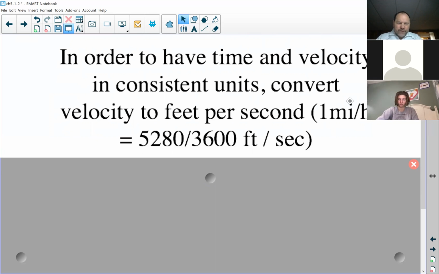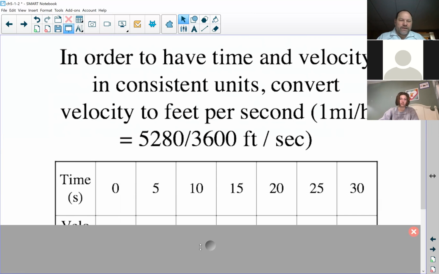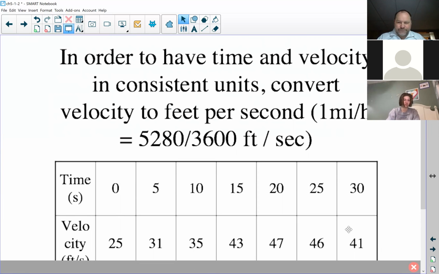And so 1 mile per hour is 5,280 over 3,600 feet per second. So if we take each of those velocity measurements and multiply by 5280 and divide by 3,600, we get the following data, which is now in feet per second.